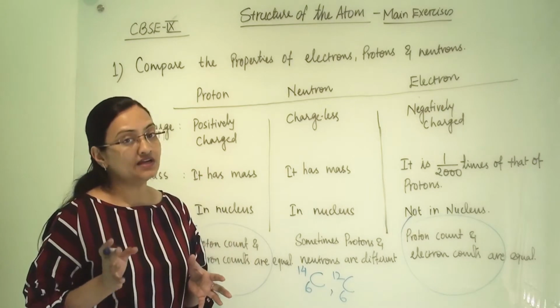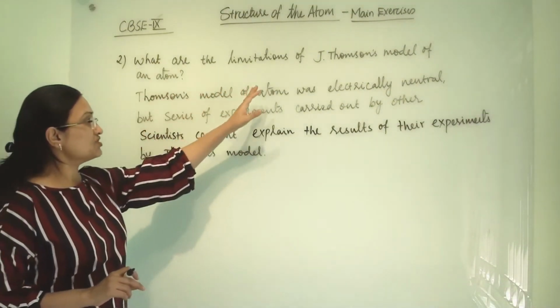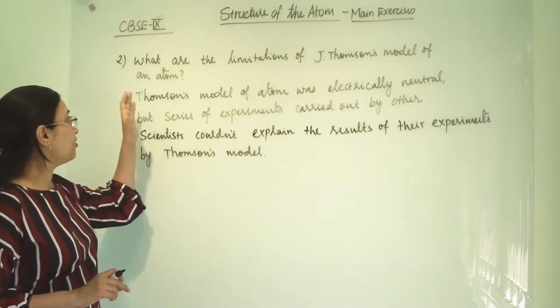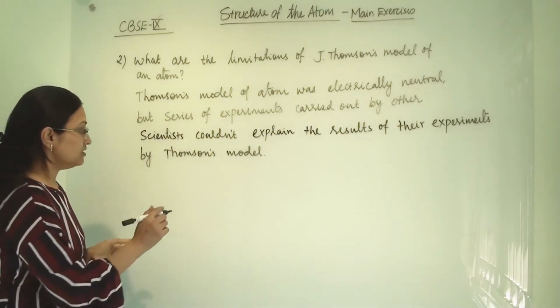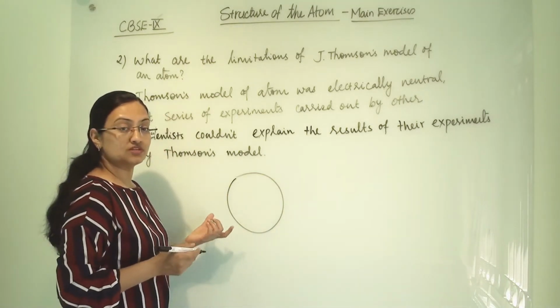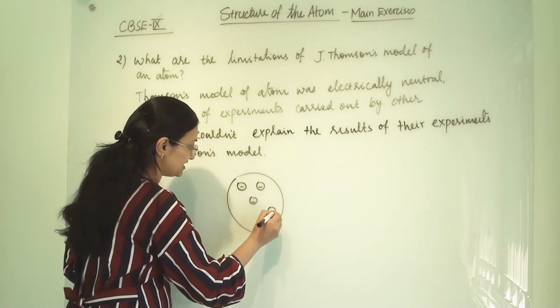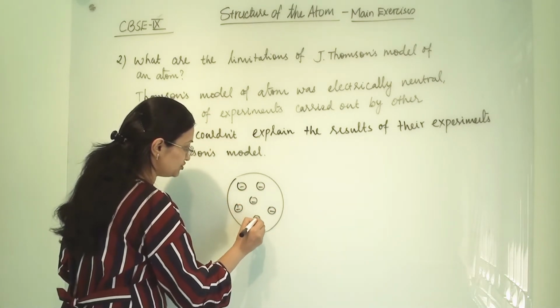So sometimes, in the case of isotopes, proton count and neutron count will differ. Our next question is, what are the limitations of J. J. Thomson's model of an atom? Let us recall which kind of model J. J. Thomson proposed. He said that the atom is electrically neutral.